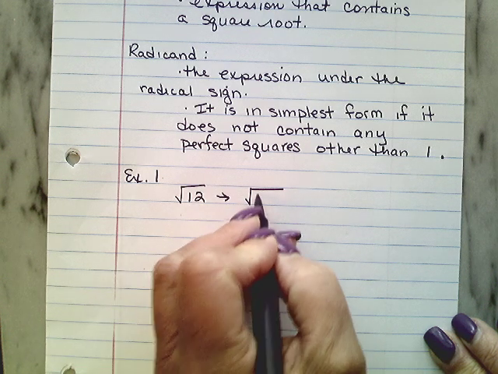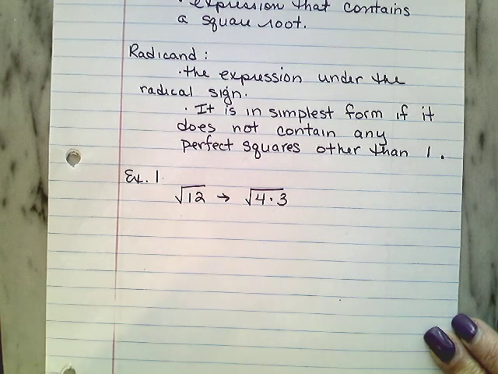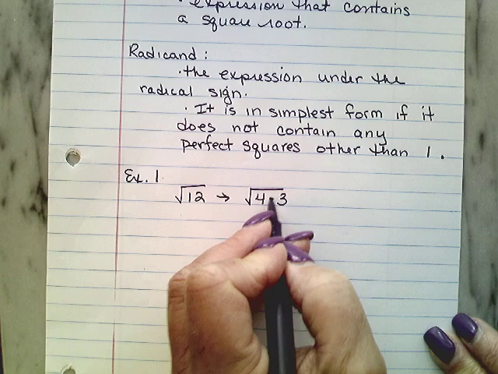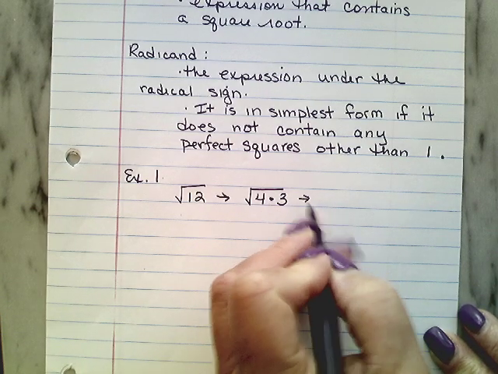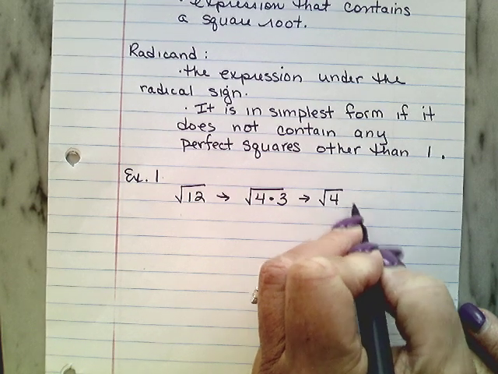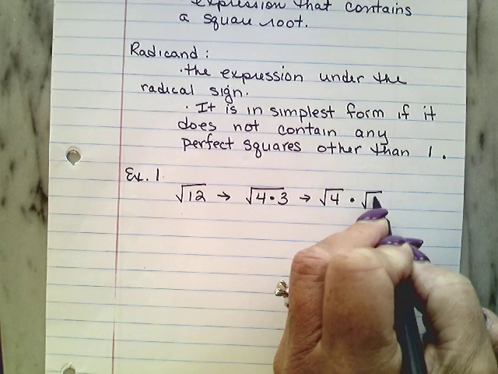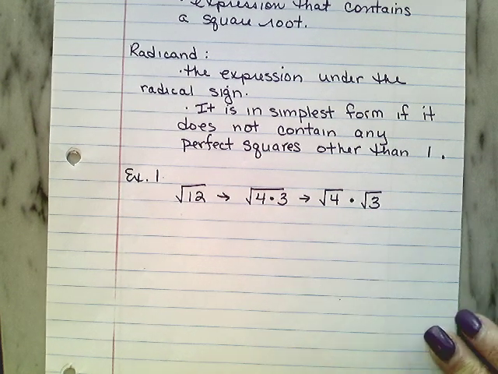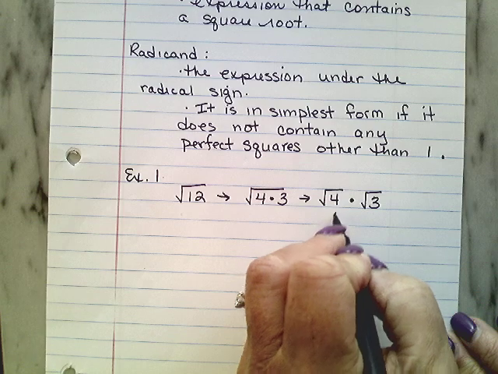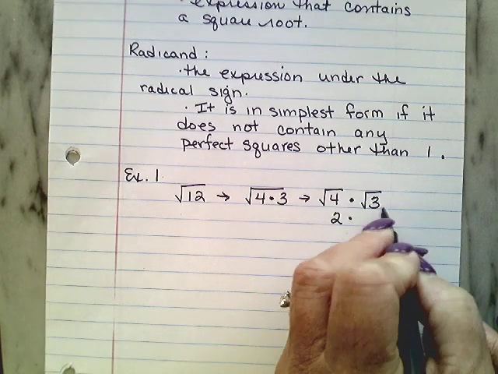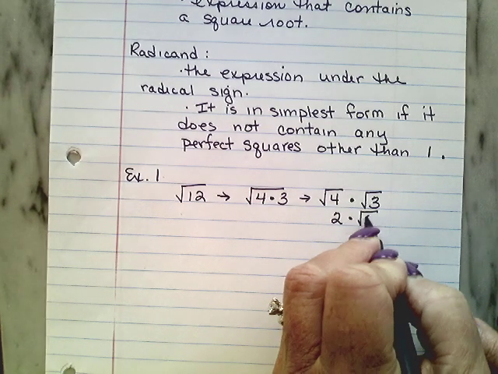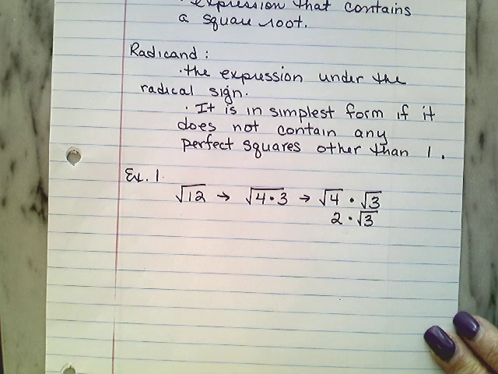So 12 would be 4 times 3. 4 is a perfect square. So I would break that down as the square root of 4 times the square root of 3. What is the square root of 4? That would be 2 times the square root of 3, which stays the way it is because that's irrational.